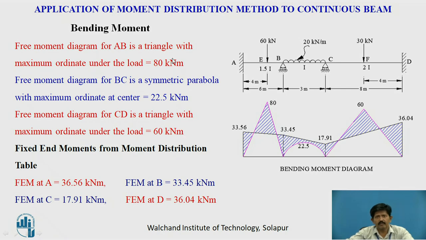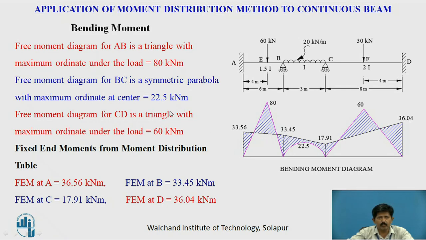Now, to draw the bending moment diagram for each joint, so we have to consider the fixed end moments from the moment distribution table. So, the fixed end moment at A is 33.56, at B it is 33.45, at C it is 17.91, at D is 36.04. So, we have to join all this, that is having the negative moment.